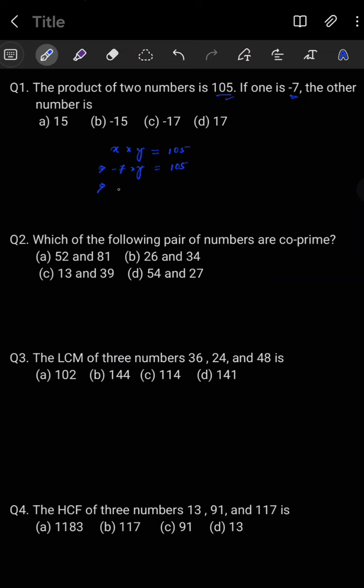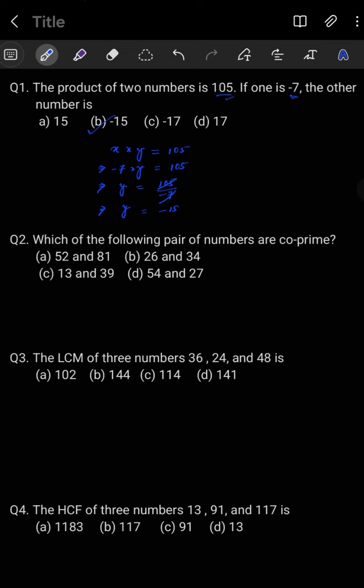So now if you simplify, y is equal to 105 divided by -7. Then if you divide 105 by -7, you will get -15. So it means option B is going to be the correct option.